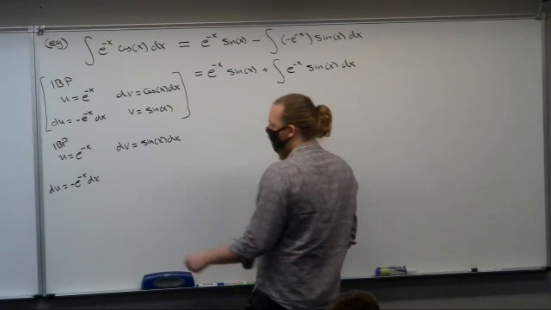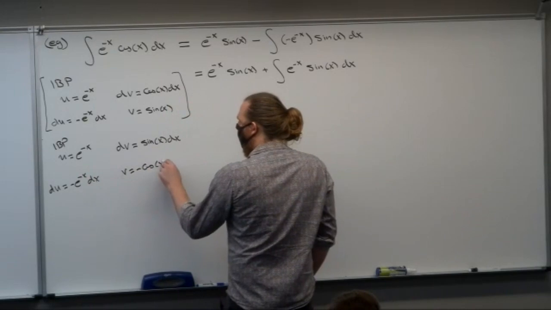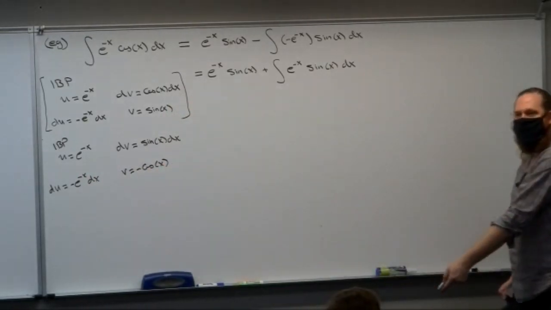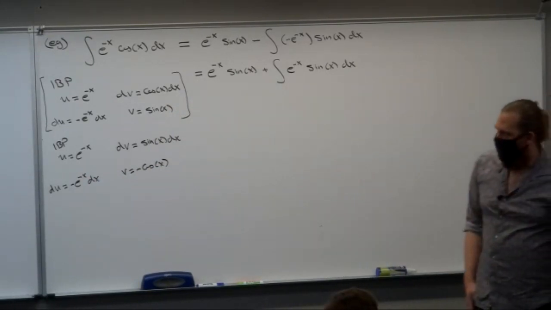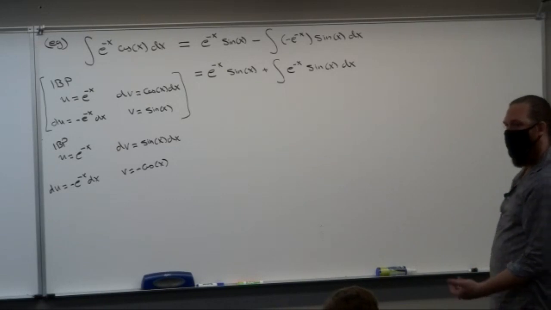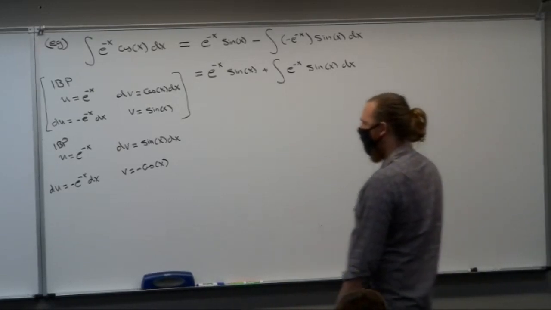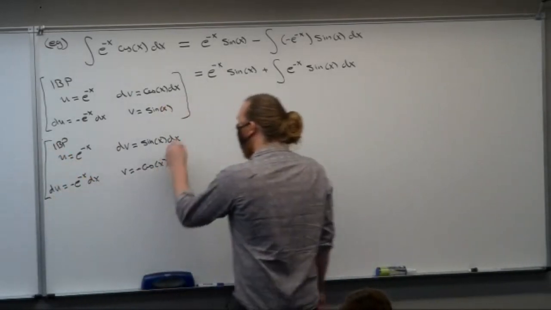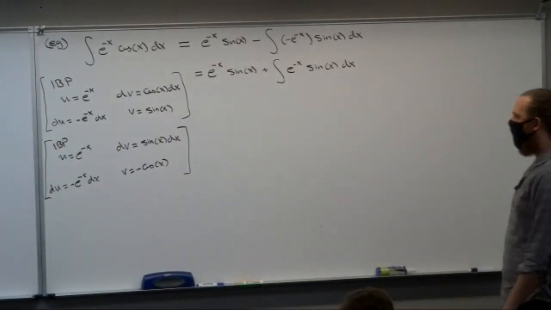An antiderivative of sine x is negative cos x. Pro tip, you can actually pick v to be any antiderivative. If you look back at the inverse tangent problem, I could have picked v to be x plus 1 instead of just x. That is an antiderivative of dx. Sometimes it's useful. There's a good Black Pen Red Pen video on that, if you're familiar with the YouTube channel.